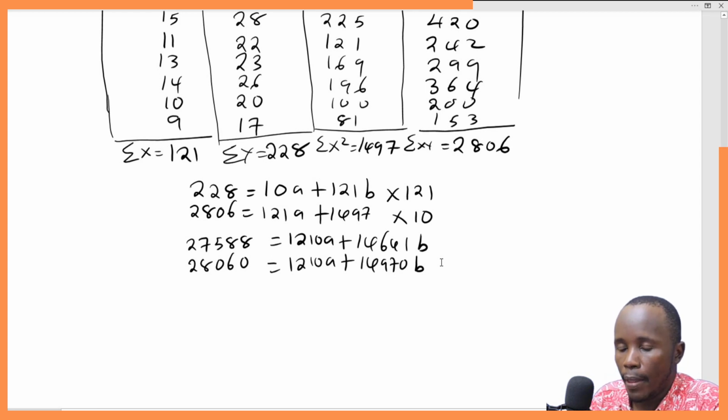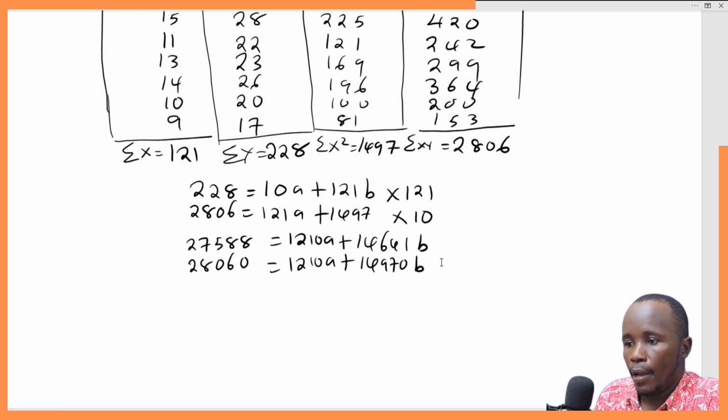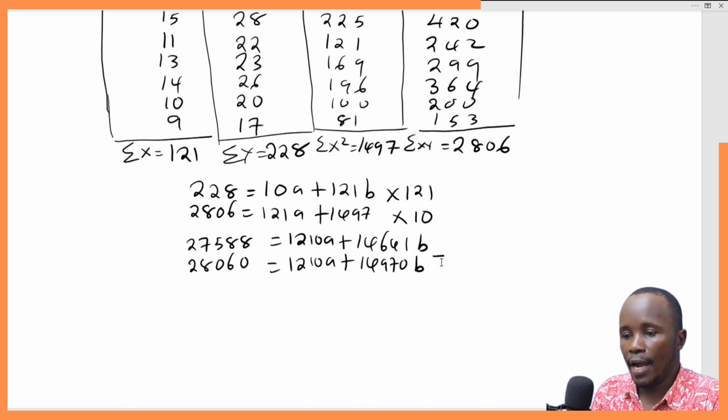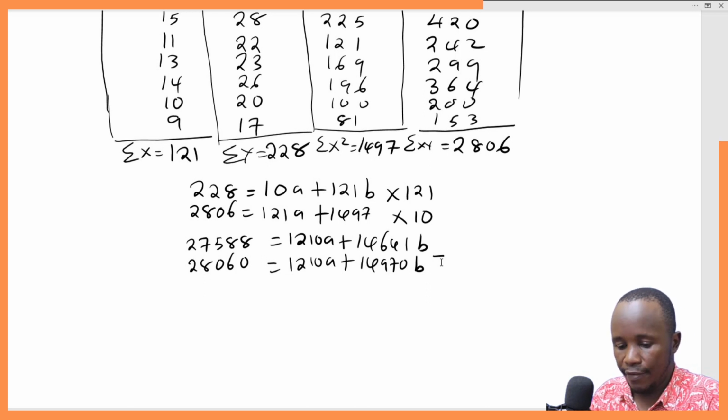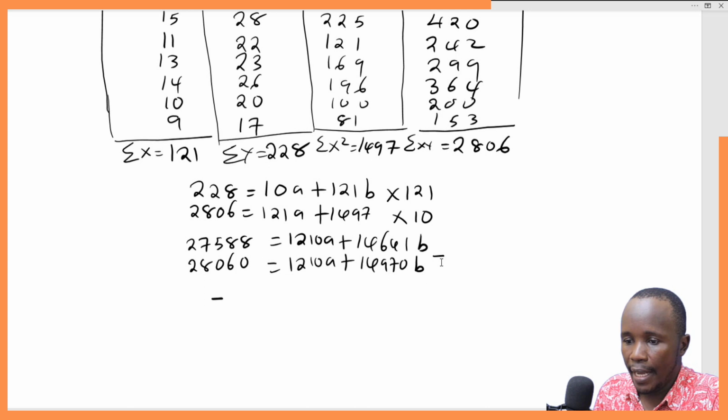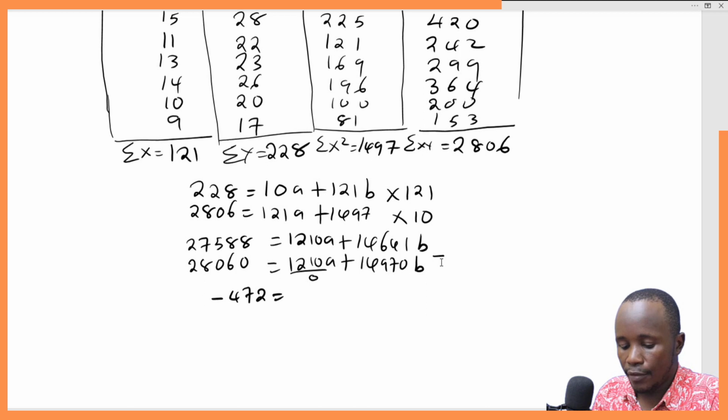Now, at this point, I can eliminate. So I will have 27588 minus 28060, which gives me negative 472, is equal to 0 plus 14641 minus 14970, which gives negative 329b.